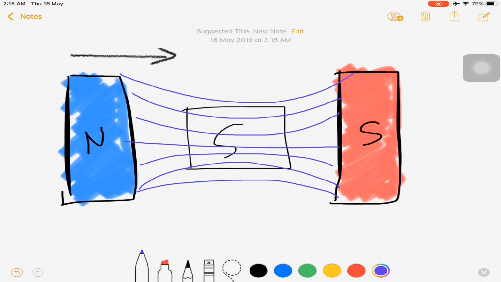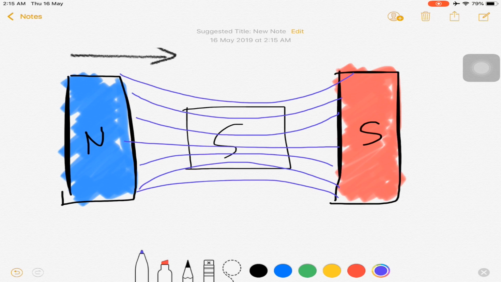Now it shows that the magnetic induction inside the sample is greater than the magnetic induction outside the sample. The magnetic susceptibility of paramagnetic substances has a small positive value.